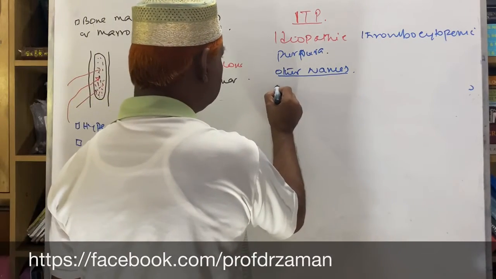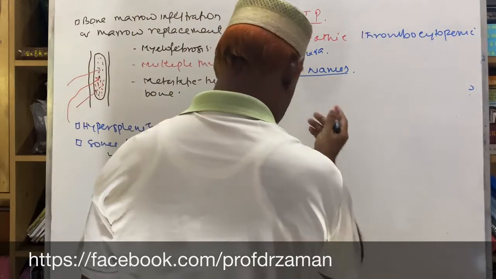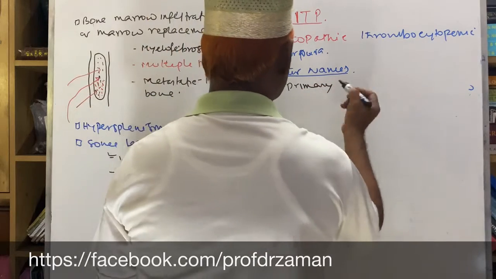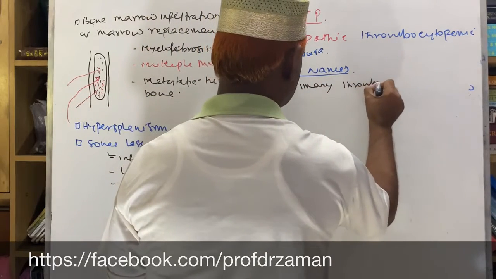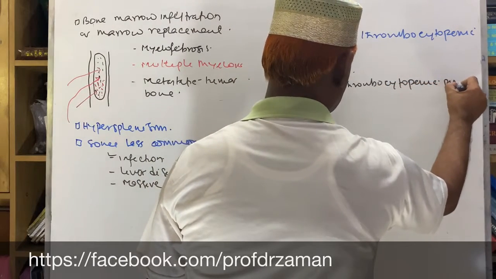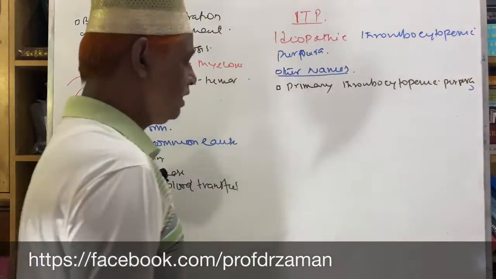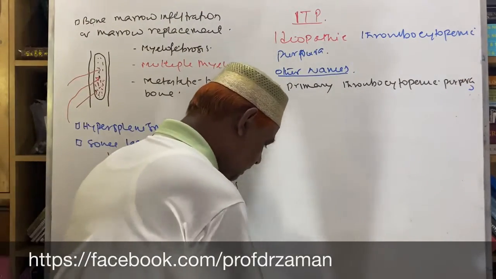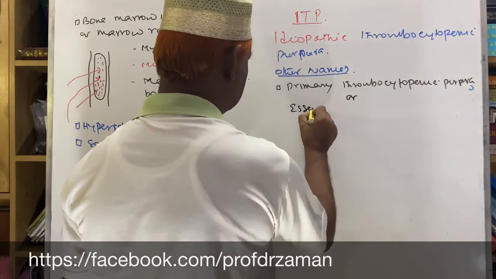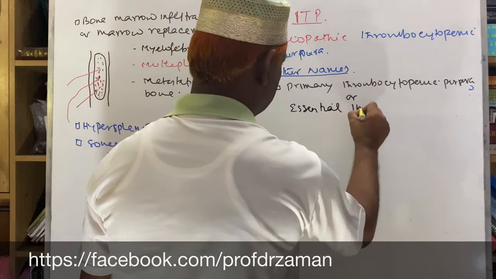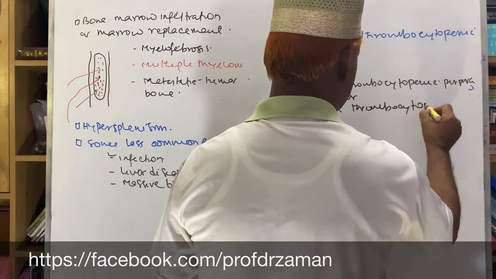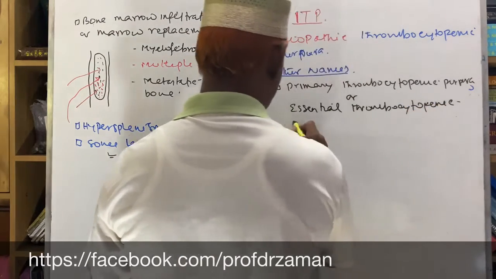It is called primary thrombocytopenic purpura, and it is also called essential thrombocytopenic purpura.